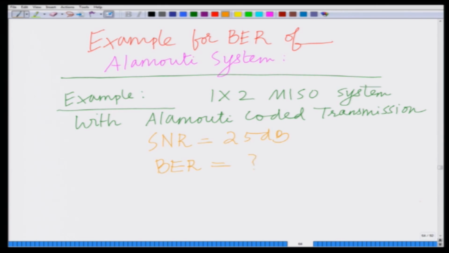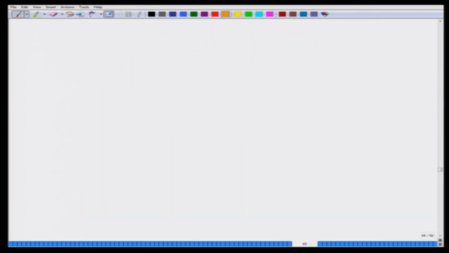So, we are looking at a simple example for the bit error rate evaluation in an Alamouti coded 1 cross 2 MISO system. We have an SNR of 25 dB. We want to ask what is the average bit error rate at this SNR. We have already seen the average bit error rate of Alamouti equals 3 divided by SNR square.